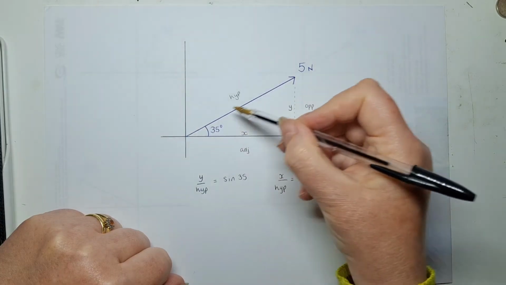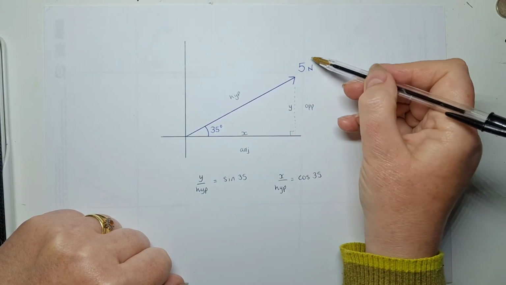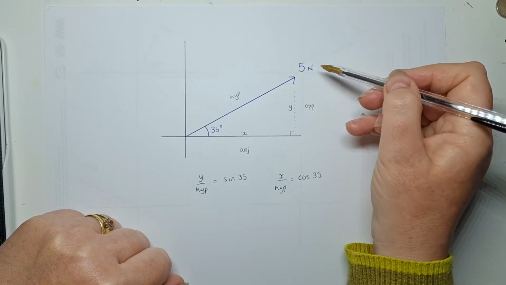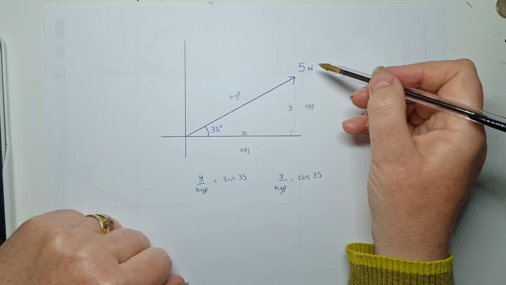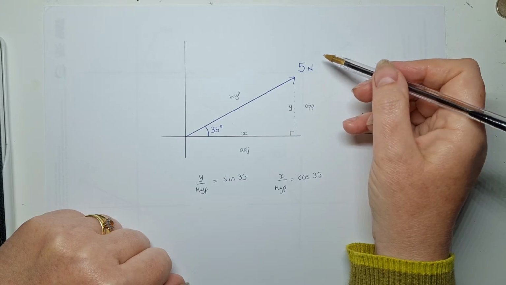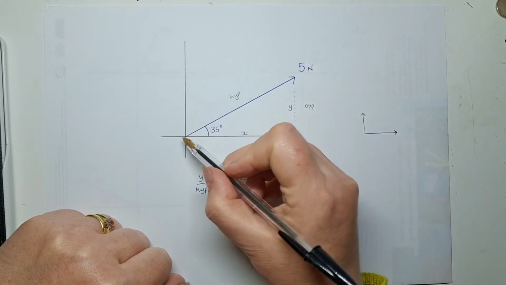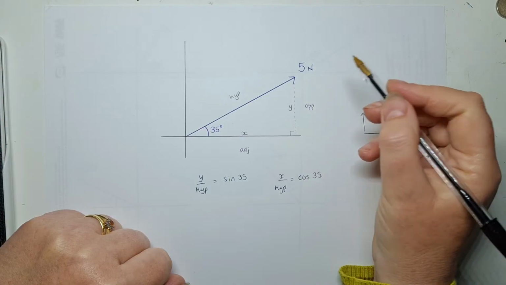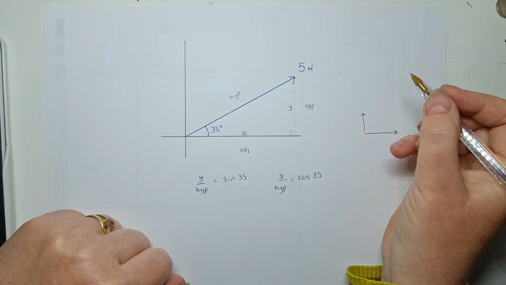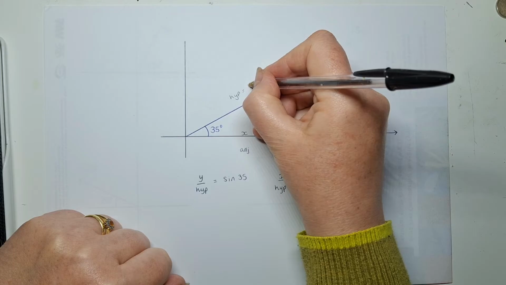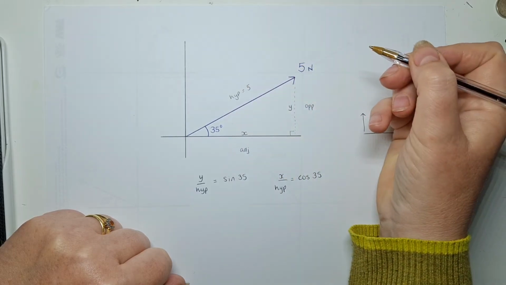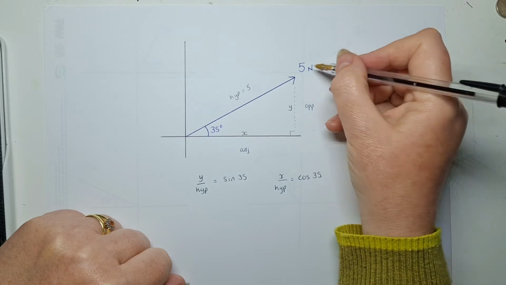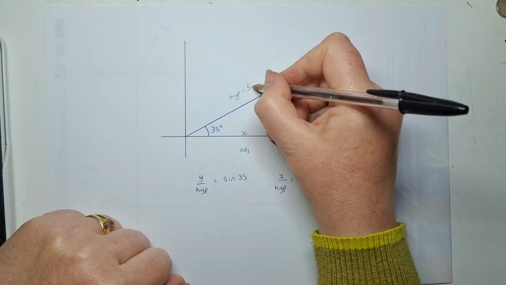Now, we don't know the length of the hypotenuse, but the thing about resolving forces, and it will also work exactly the same if we're resolving velocities or an acceleration, you know, when you do a projectiles question, you've got a velocity going off at an angle, the technique is exactly the same. So you basically pretend your hypotenuse is the length of the vector.